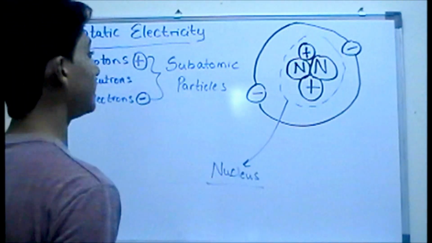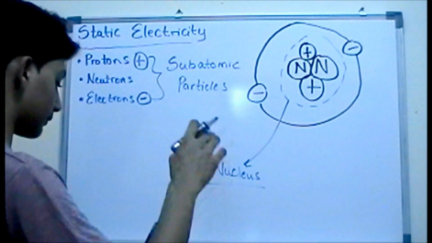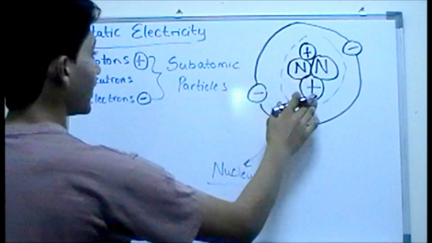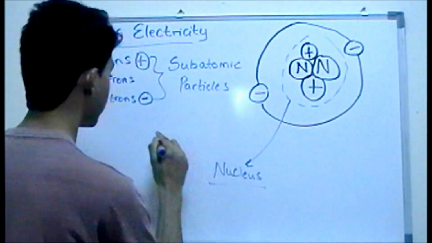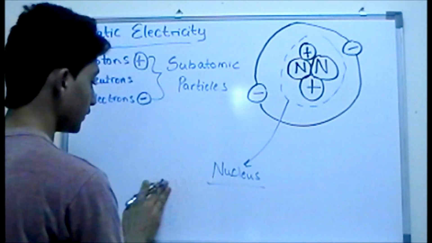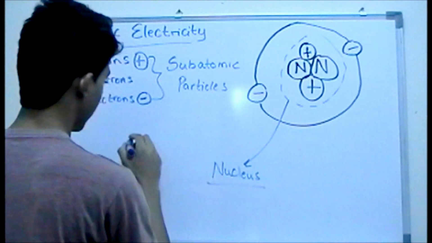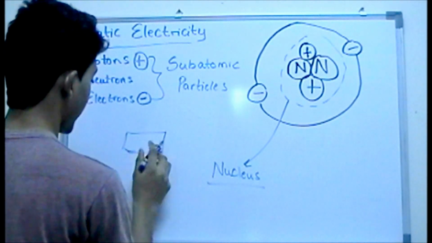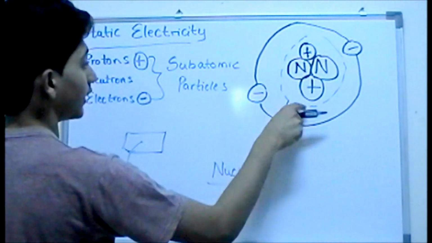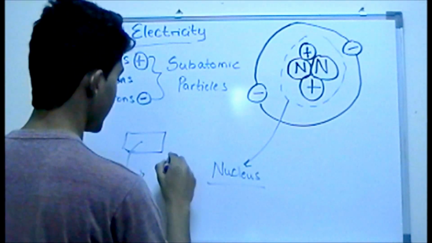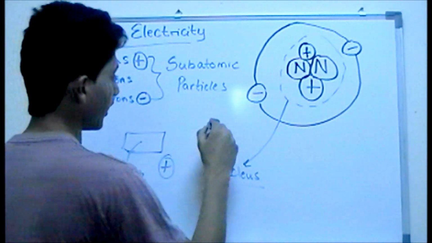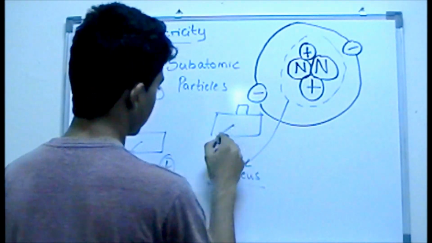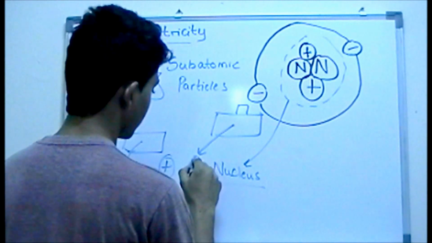As we stated earlier, all matter is made up of atoms. The protons from different atoms are always identical. Suppose you take a substance, and it has the same diagram with some protons, and another object also has protons.